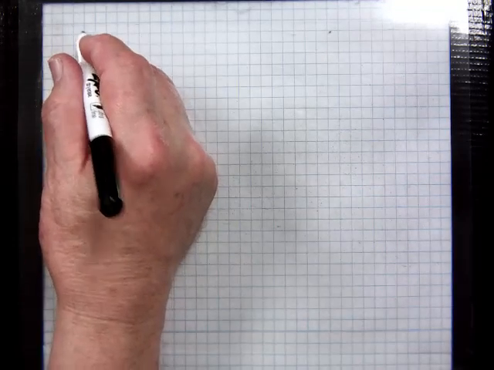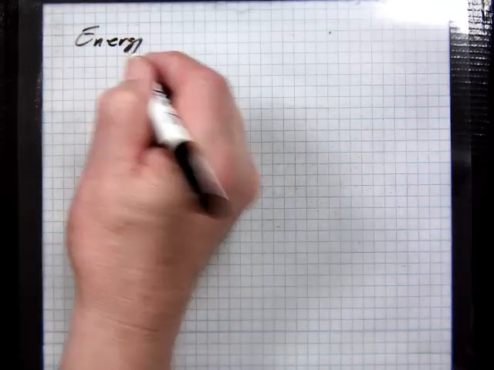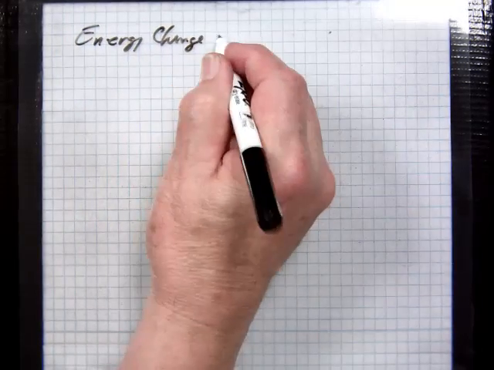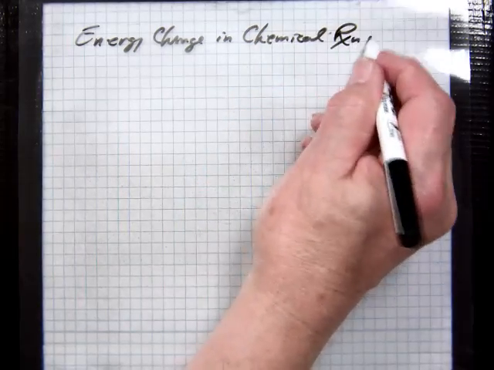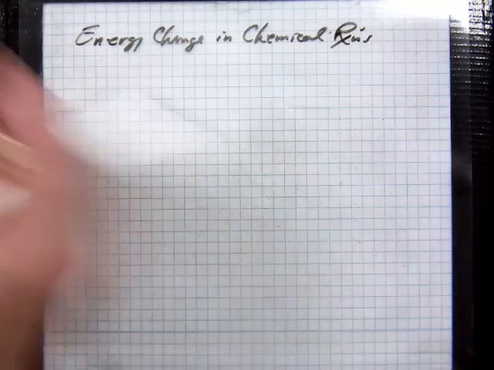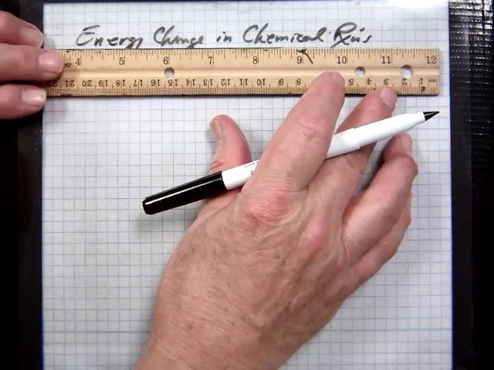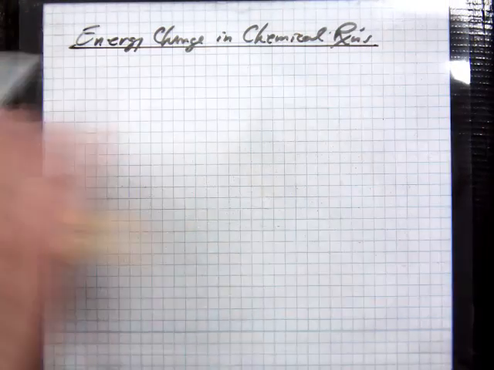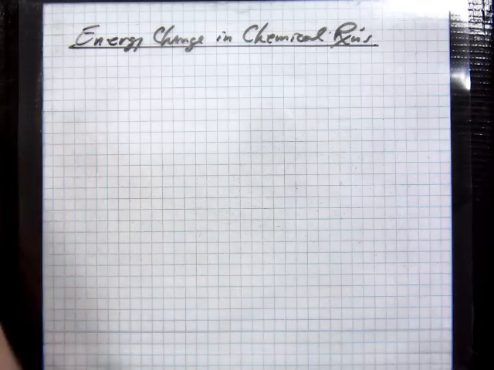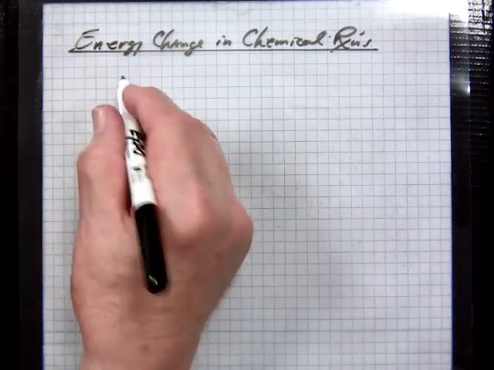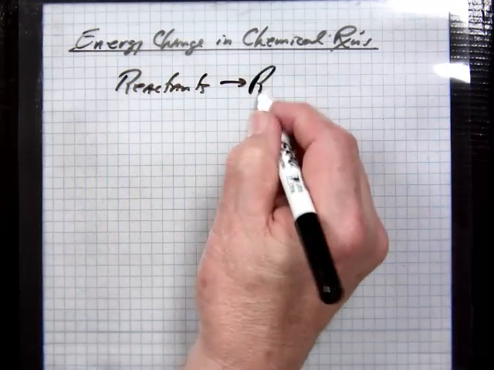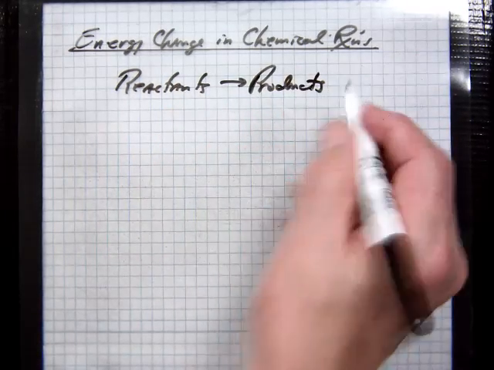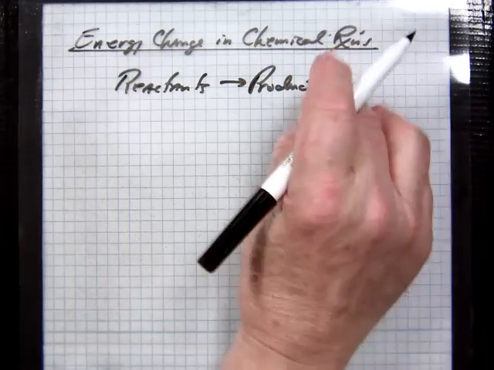Okay, now we get down to some specifics. Energy changes and chemical reactions. For any chemical process, reactants go to products, and we have included in there an energy change.